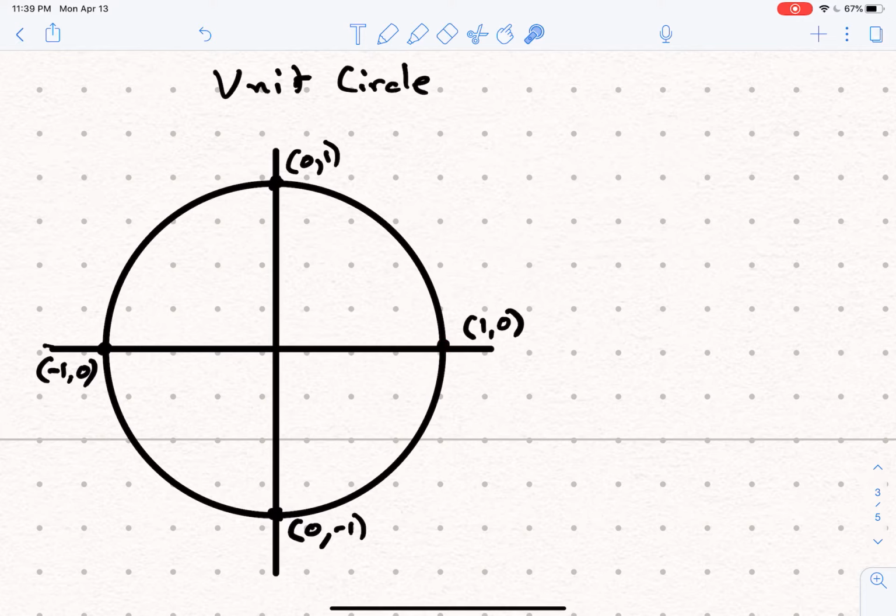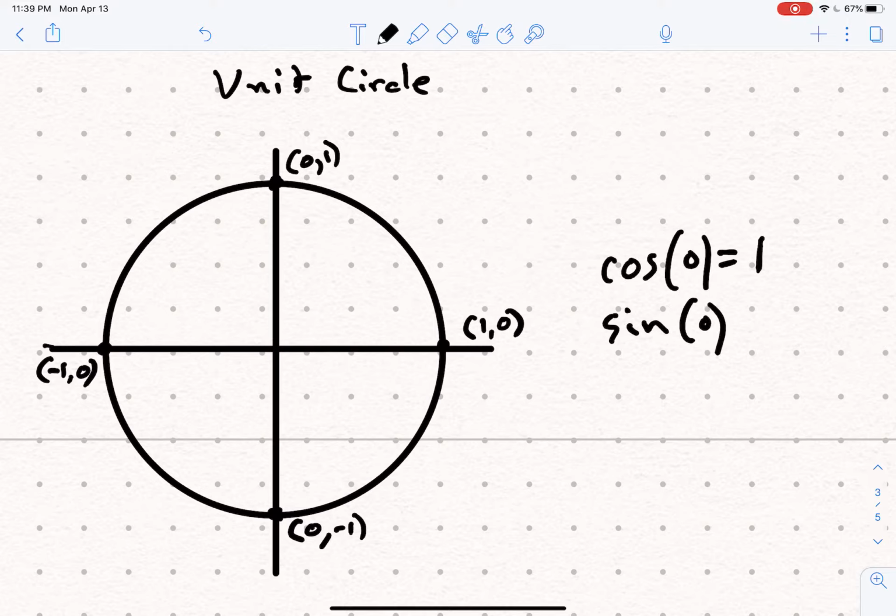This angle intersects the unit circle at the coordinates 1 and 0, and this is the cosine of that angle, and this is the sine of that angle. That tells us that the cosine of the angle 0 is 1, and sine of the angle 0 is 0.